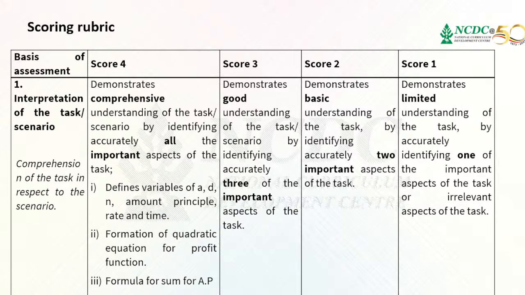We also have the one that is looking at the logical flow of the work. That is basis number 2, which can be split into 3. We also have basis number 3, which is making informed judgment. So soon, when the assessment guidelines come, you will be able to see all those details for the sample assessment items with their corresponding scoring rubrics.